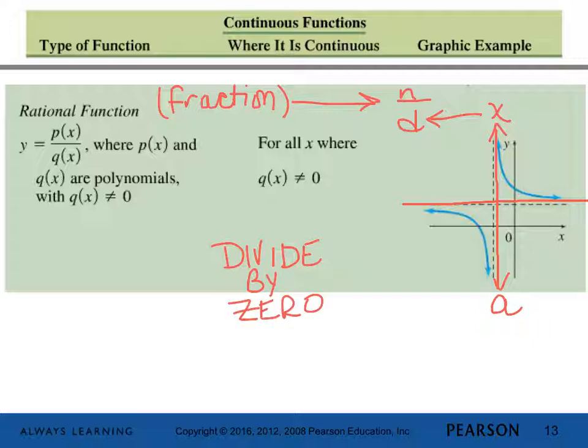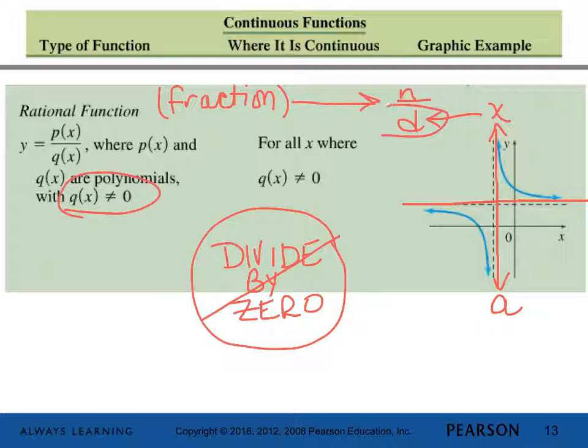If you have a value of your variable that would make you divide by 0, that's a violation of the rules of math, and therefore the function is continuous for all x where the denominator of the fraction can't be 0.